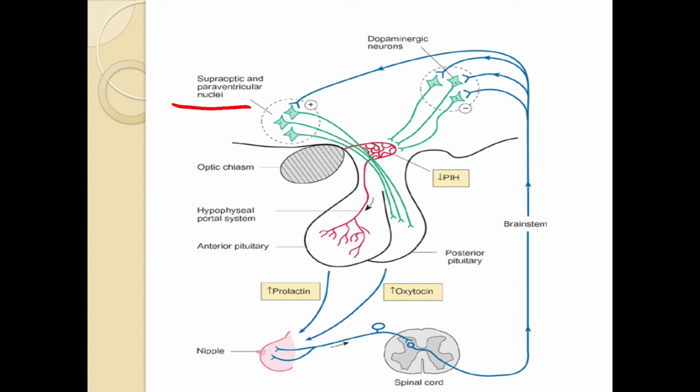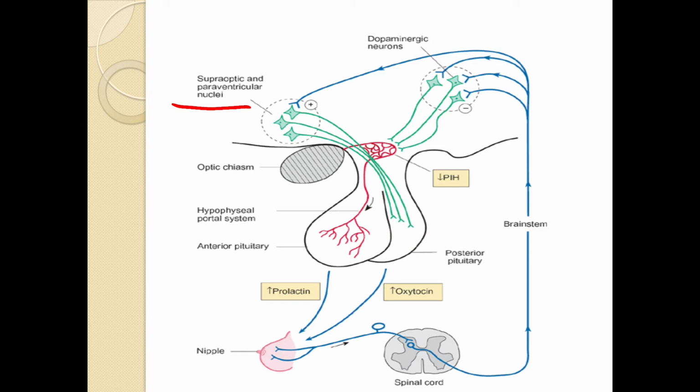In the milk ejection reflex, oxytocin is important. The oxytocin is synthesized by the neurons in the paraventricular as well as the supraoptic nuclei, transported along the axons, and stored in the nerve endings in the posterior pituitary.